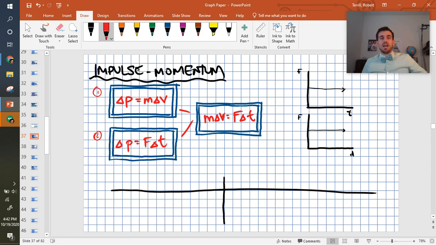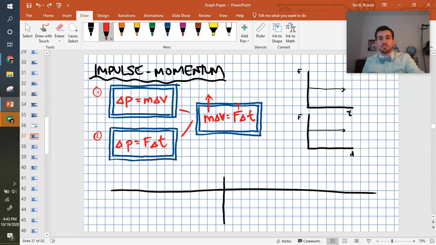So if this variable here, the mass, was really big, then we'll either need a big force or a lot of time, or maybe we just need a medium amount of both.